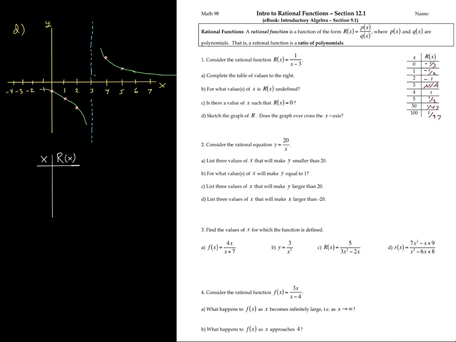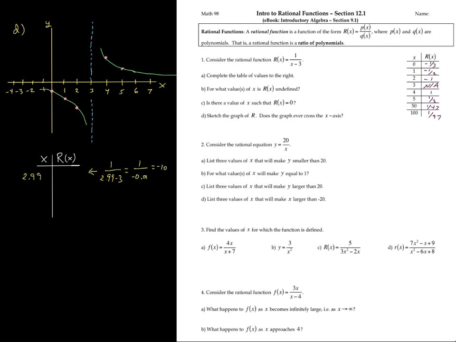All right, now what's going on right around 3? Like, what if we plugged in something like, say, 2.99 into our function? So just to the left of 3. Well, if I did that, I'd get 1 over 2.99 minus 3, which is 1 over a negative 0.01.